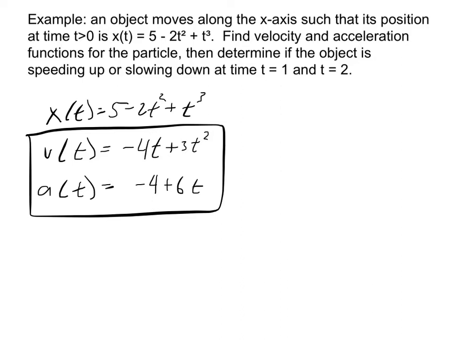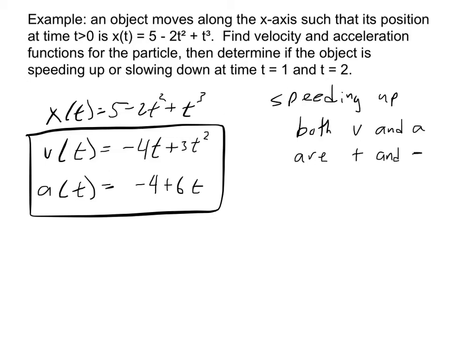And as a quick review of that, an object is speeding up if both velocity and acceleration are positive or both negative. So if velocity and acceleration are both positive, it's speeding up. If velocity and acceleration are both negative, it's also speeding up.